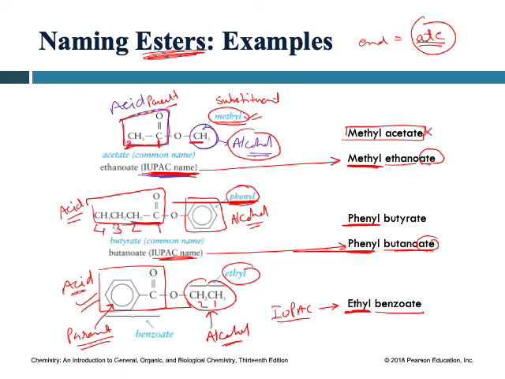So this is an ester compound. Instead of writing benzoic acid, we remove ic acid from here and then write ATE, so benzoate, right? So make sure you practice naming of an ester.